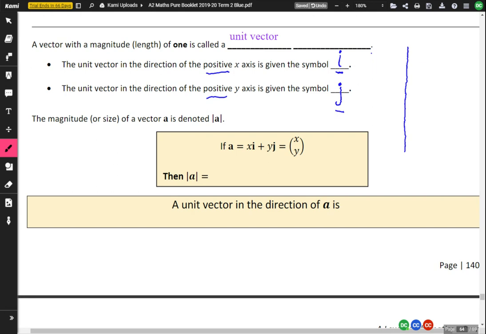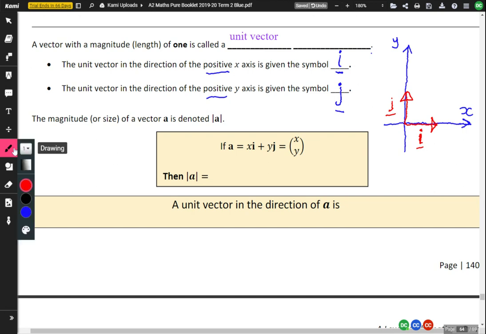So here's our y-axis, and here's our x-axis. So i and j are on here. So i is a vector with a length of 1 going in the positive x direction. So that's i. And a vector straight up with a length of 1, we call that j.